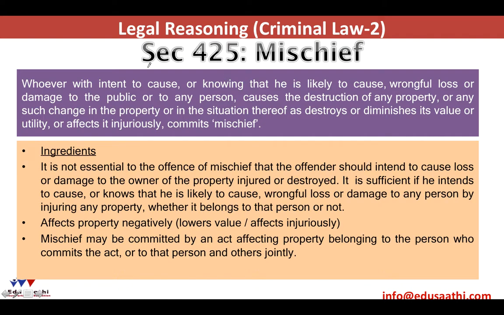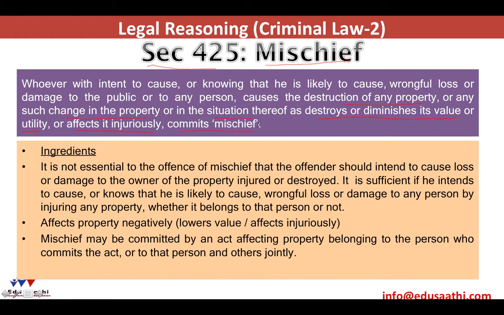Section 425 of the Indian Penal Code defines mischief. So let's discuss the concept of mischief. The bare wording says, whoever with intent to cause, or knowing that he is likely to cause, wrongful loss or damage to the public or any person, causes the destruction of any property or any such change in the property or in the situation thereof as destroys or diminishes its value or utility, or affects it injuriously, commits mischief.